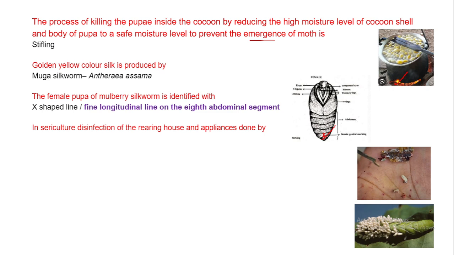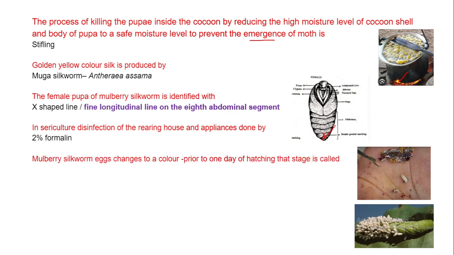In sericulture, disinfection of the rearing house and appliances is done with 2% formalin. Mulberry silkworm eggs change color one day prior to hatching; that stage is known as the blue egg stage.